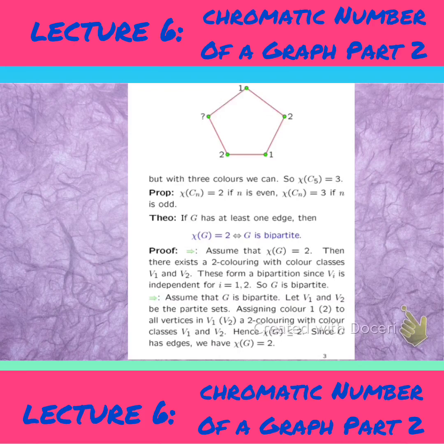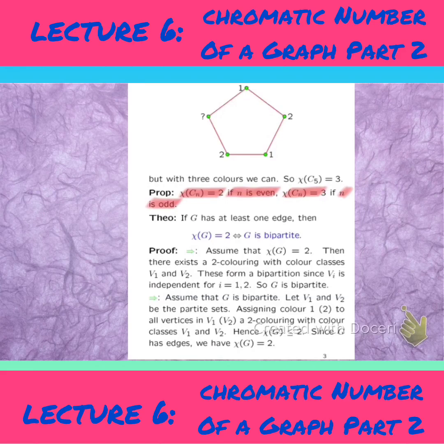We say that a graph, you can easily verify that the chromatic number of a cycle on n vertices is going to be 2 whenever n is even, and it's going to be 3 whenever n is odd. That you guys can go and verify. The same argument applies.